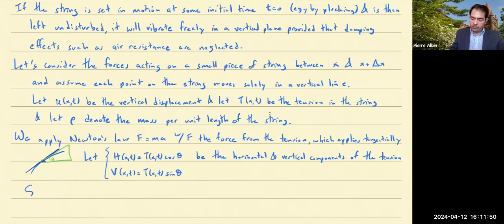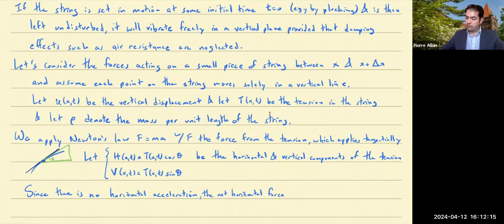Okay, the first thing to notice is that since there is no horizontal acceleration, the net horizontal force, which would be capital H of x plus delta x minus capital H at x, has to vanish.